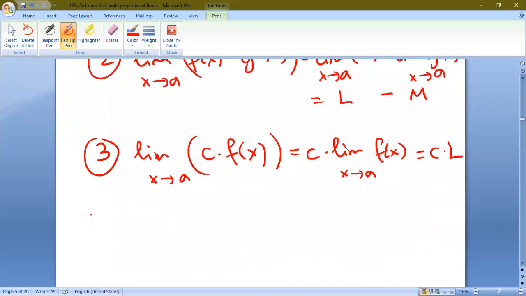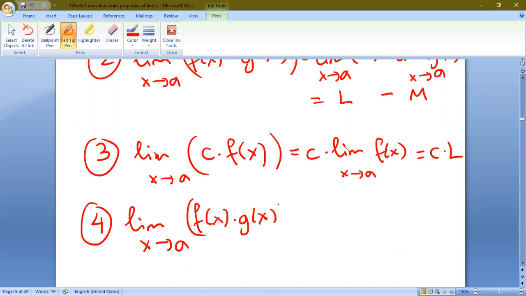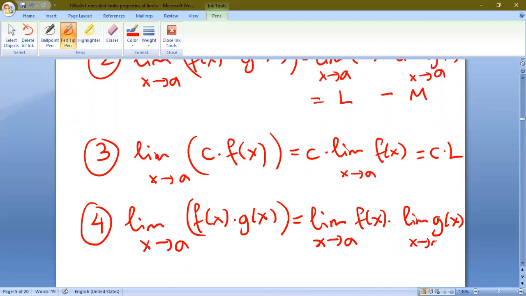And then we can also have product or quotient of limits. So if we have the limit as x goes to a of f times g, then we can calculate this limit just by multiplying the limits of f and g. So the limit of f times the limit of g as x goes to a, which is equal to L times m.